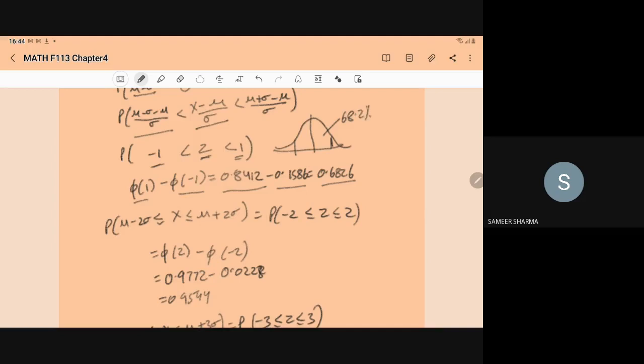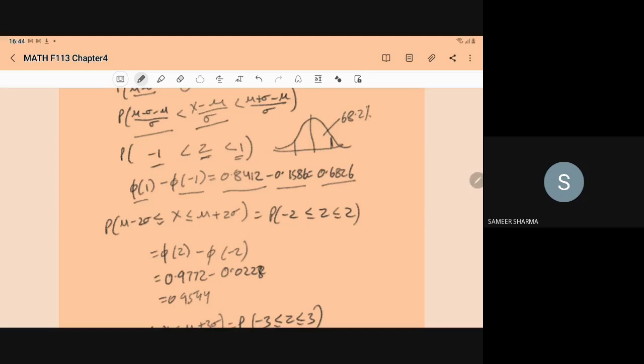So for any normal distribution, around 68.2% of observations lie within one standard deviation. Whenever we have a normal distribution, you can directly say that around 68% of data are within one standard deviation.